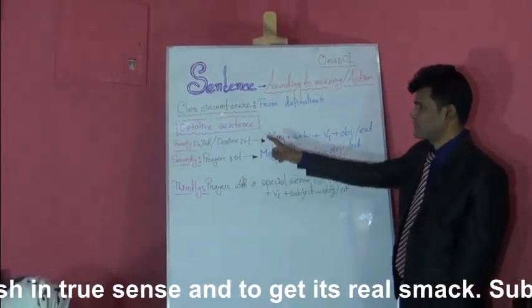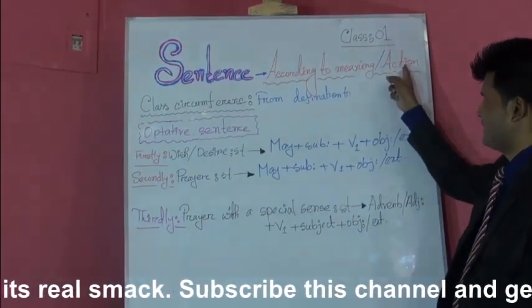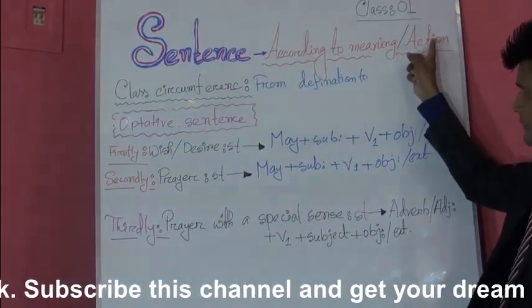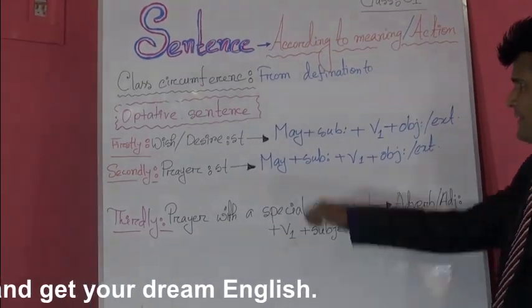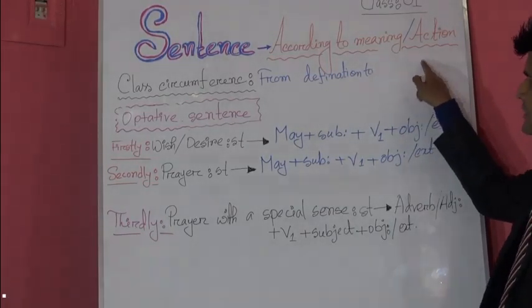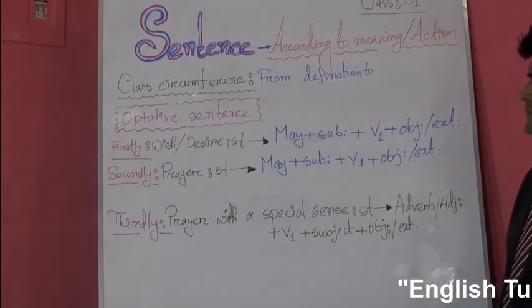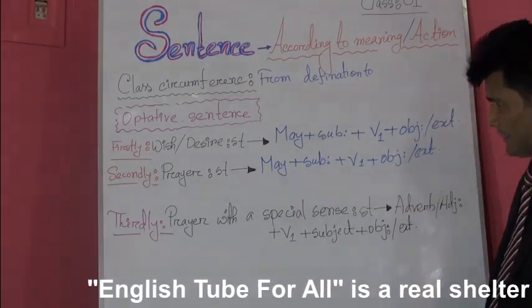Why? It is because optative sentence is a sentence according to meaning and action. Sentence according to meaning and action, the chapter. And optative sentence is one of them, obviously. And the circumference is there from definition to, here should be dot dot dot, means definition to all the purposes. It is not written over there, but from definition to all the purposes should be there.